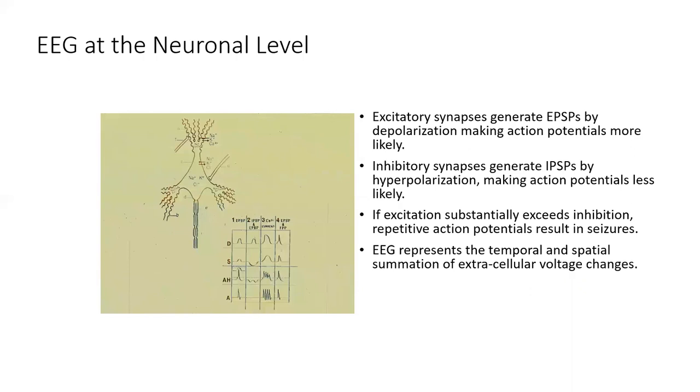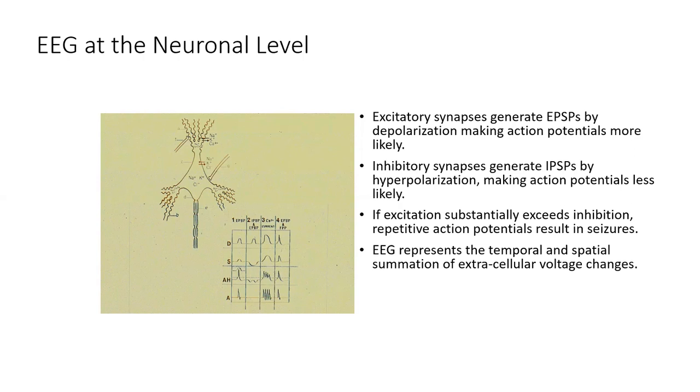And we have inhibitory postsynaptic potentials, or a local hyperpolarization in transmembrane potential, and this is typically located in the cell body of the neuron itself. If excitation exceeds inhibition, we get repetitive action potentials, and this is what results in seizures.